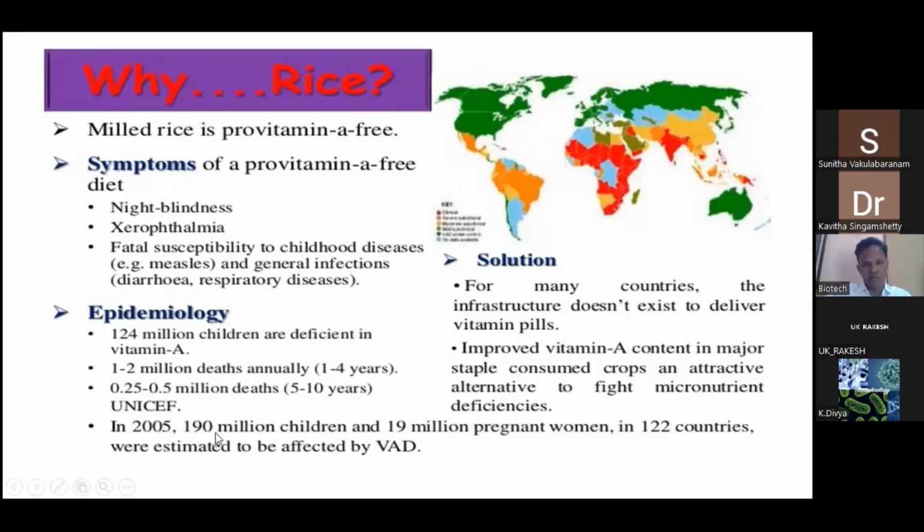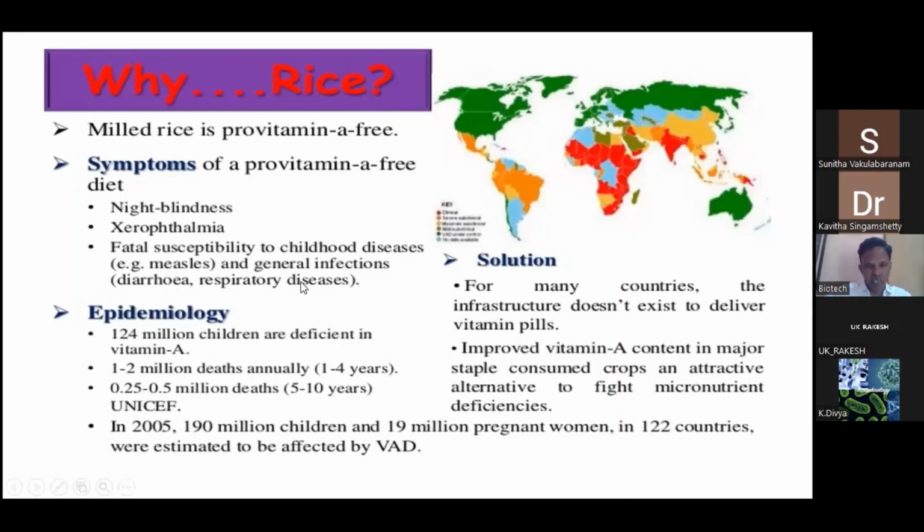In 2005, 119 million children and 19 million pregnant women in so many countries were affected by non-availability of vitamin A, which we call vitamin A deficiency. So what scientists decided here is we can insert the gene for vitamin A into the rice plant.